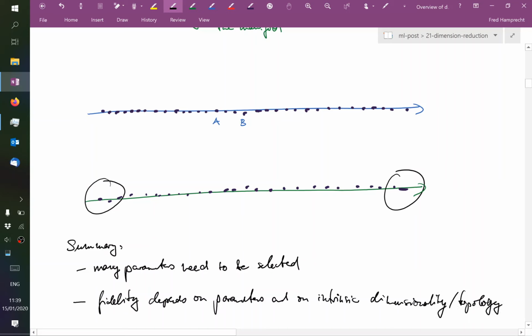Or on the topology of the manifold on which your data lie, whether or not you can get a reasonable embedding in 2D, or how many compromises you will have to make.